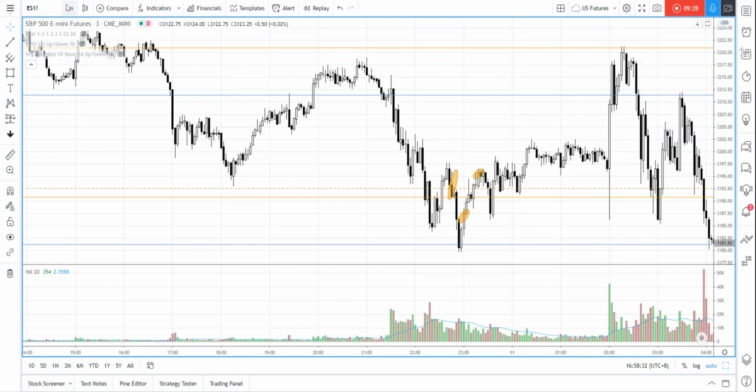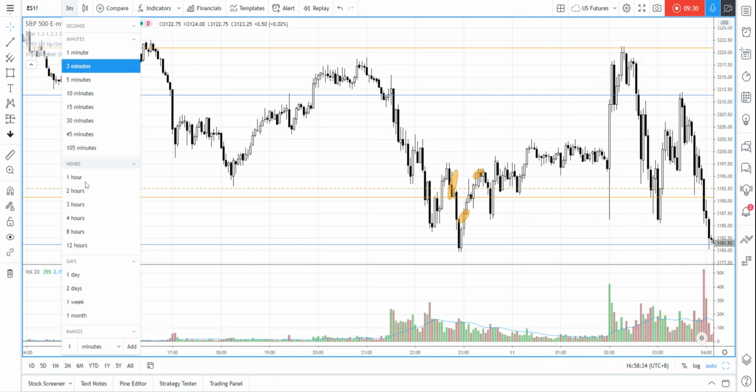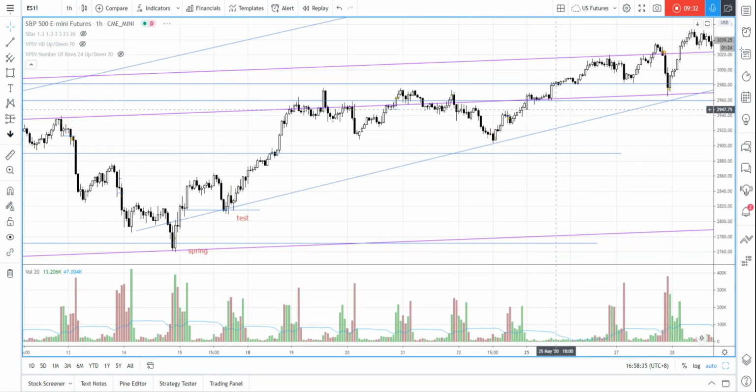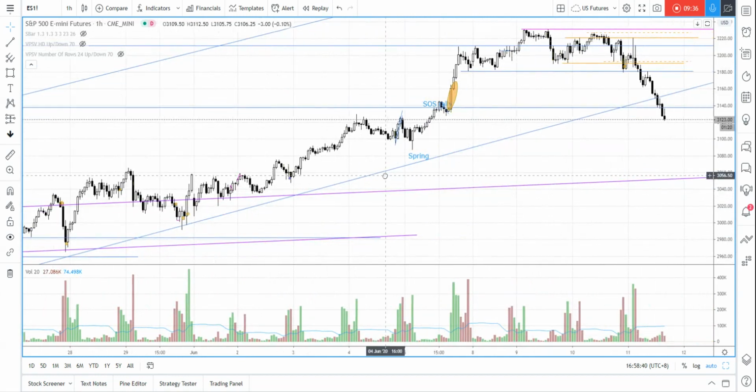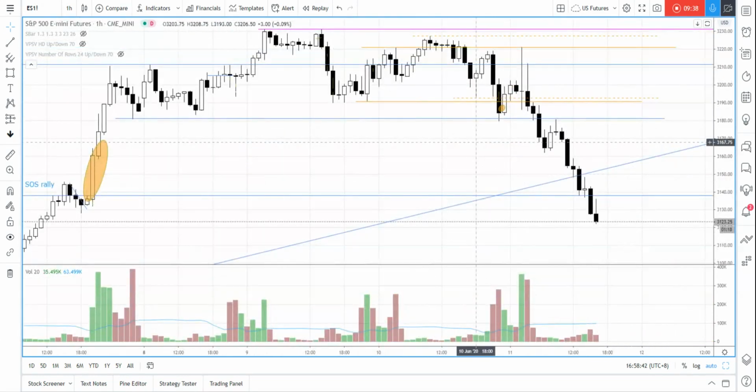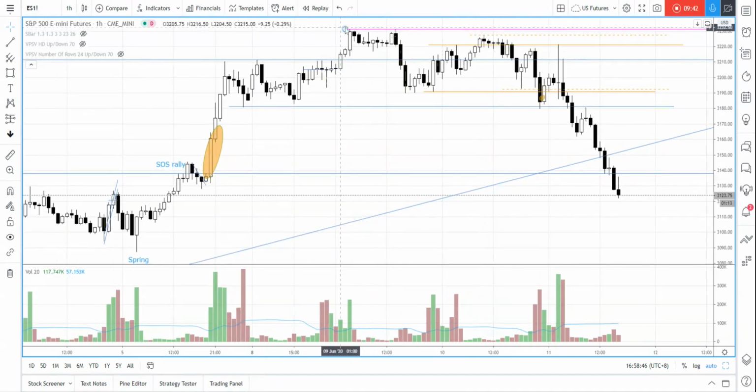All right. So let me get to the current moment in the H1 time frame. Okay, so this is the H1 time frame, and we have seen this distribution structure broken down and followed by a test in the Asian session about 9 o'clock.